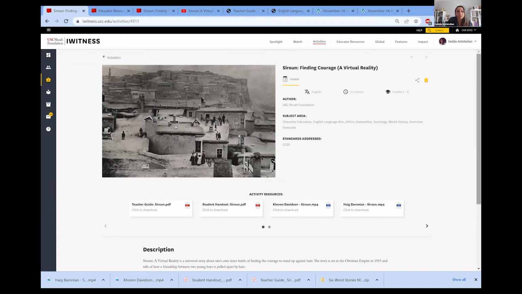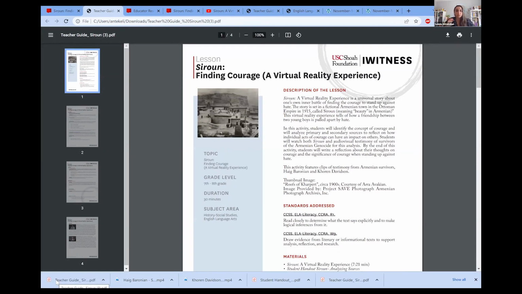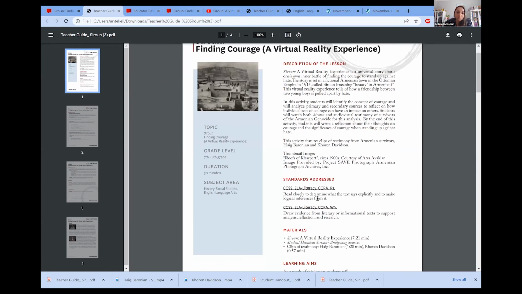This is directly to the lesson. So this lesson brings in the 4C framework and has it all prepared in a ready to use lesson plan. As you can see, there's a description. We bring in standards.